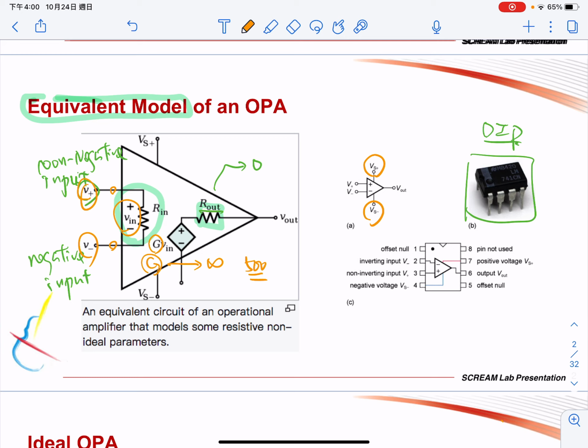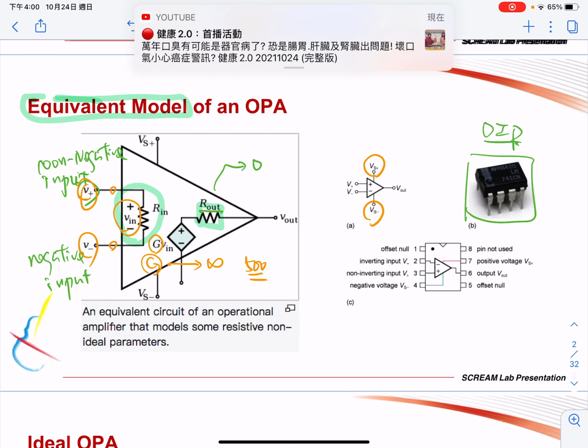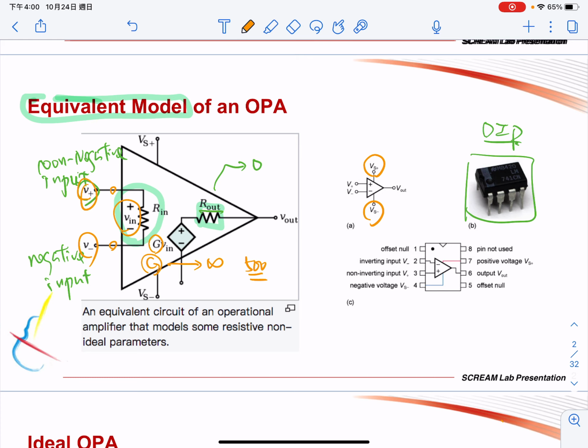Usually we only use 5 pins of that, and sometimes an 8-pin DIP package can have 2 amplifiers in a very small one. And there are 2 very small pins here.